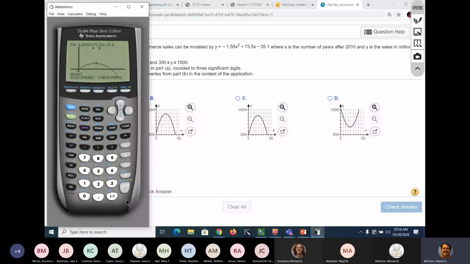So that vertex is 23.709674, comma 836.23065.